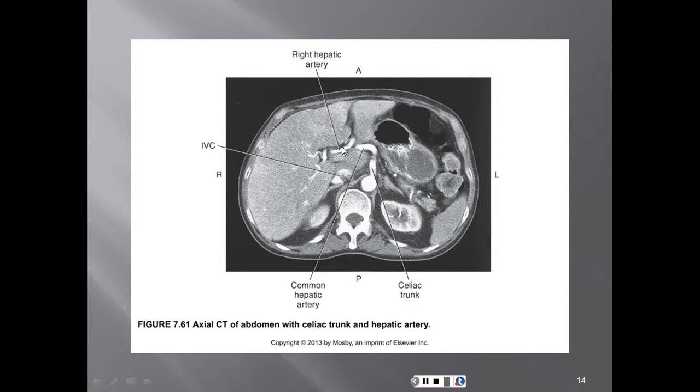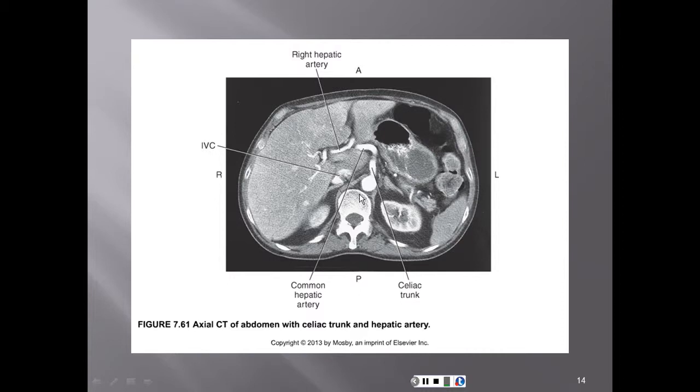The right hepatic artery is a branch of the common hepatic artery, and the common hepatic artery is a branch off of the celiac trunk. Remember, the celiac trunk trifurcates into three vessels. This is one of them, the common hepatic artery.